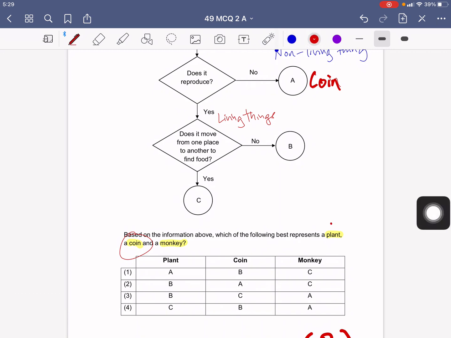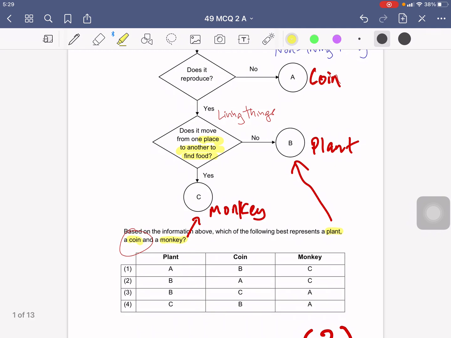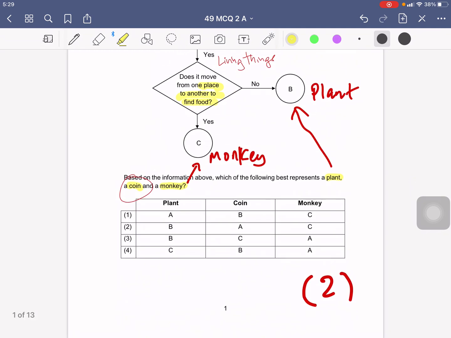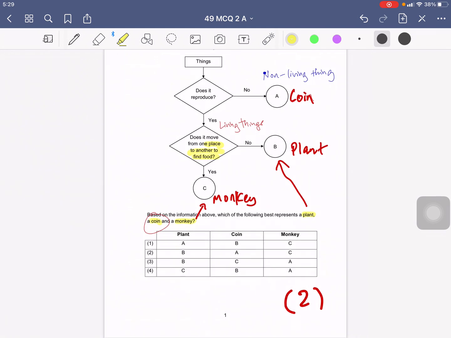Plant doesn't move from one place to another, so this will be plant. The last one will be monkey, because monkeys move from one place to another to find food. So B is plant, A is coin, and C is monkey. So the answer will be number 2.